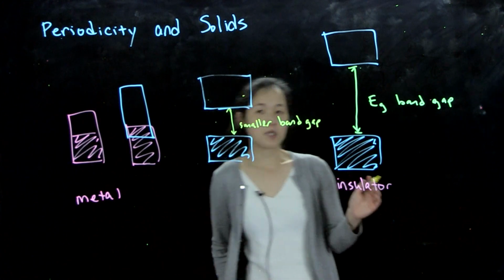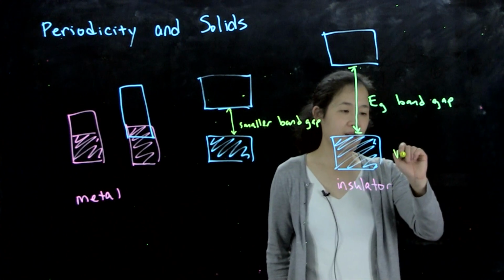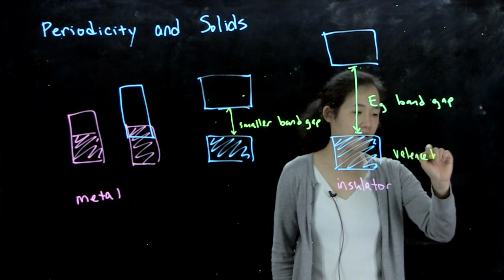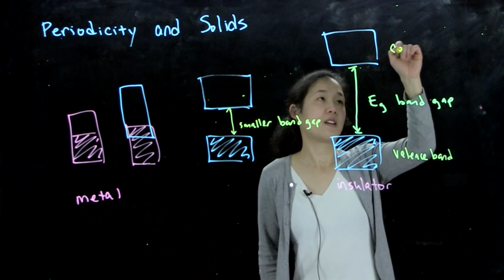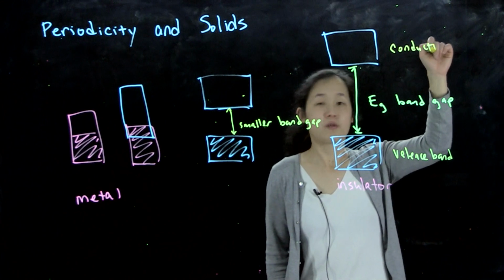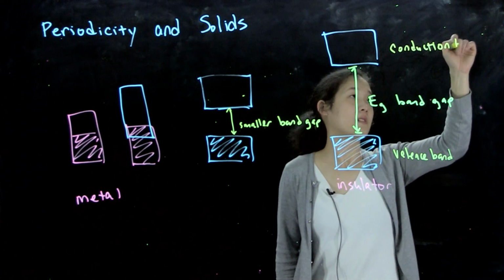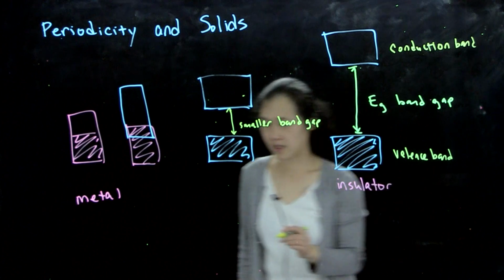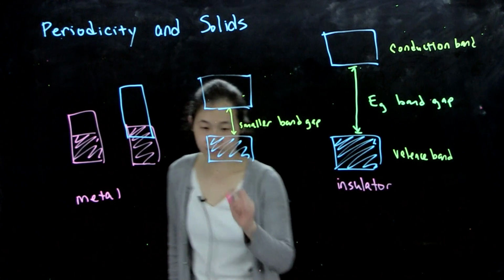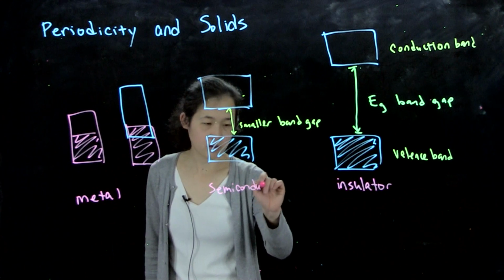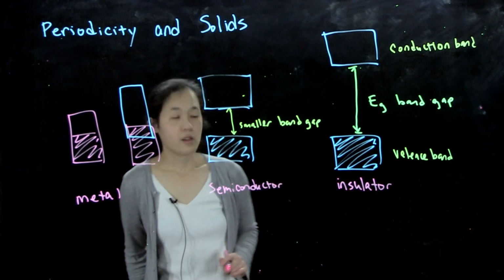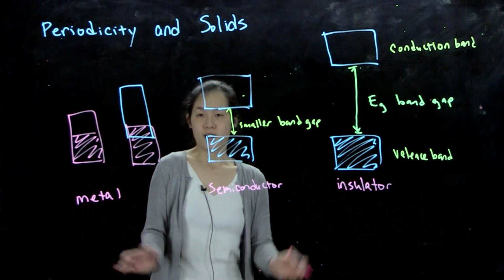Oh, and terminology-wise, this is called the valence band, because that's where your valence electrons are, and this is the conduction band, because that's where the electrons have to be if you want to conduct. So this is the semiconductor.